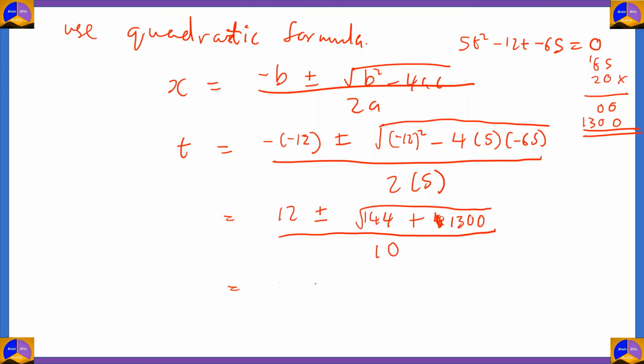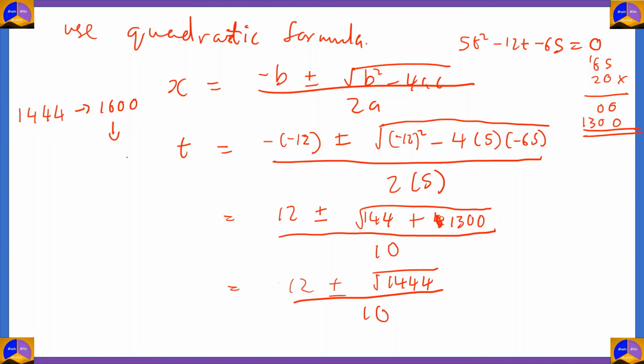So on adding these, we'll get 12 plus or minus root of 1444 divided by 10. How do we solve from now on? Now notice that the number 1444 is close to 1600, and 1600 is the square of 40.